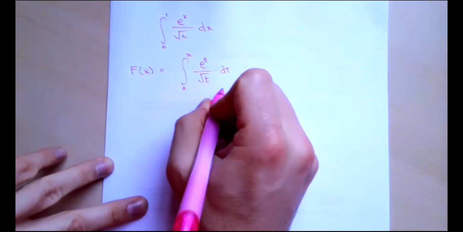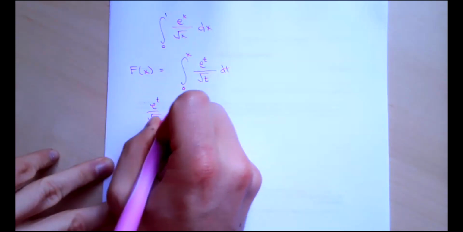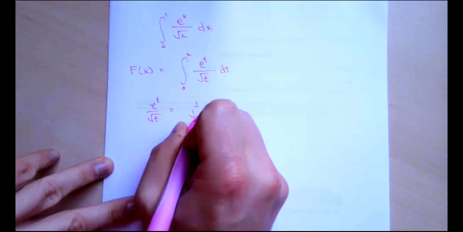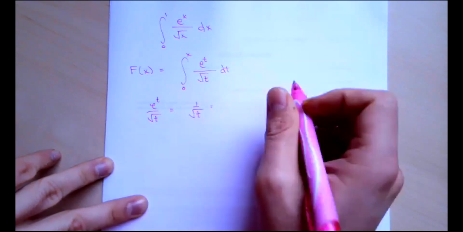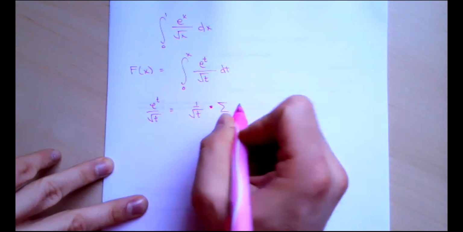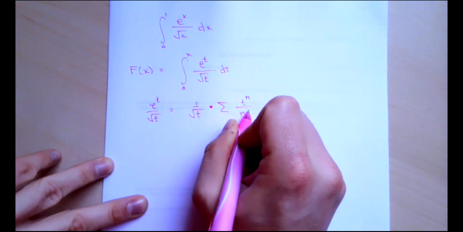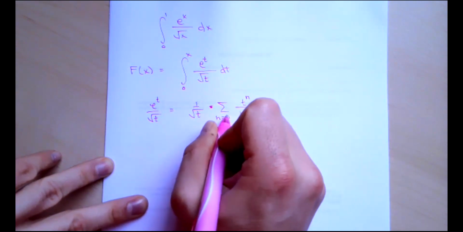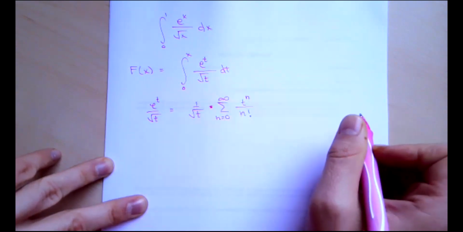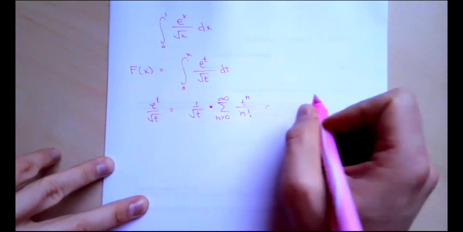Shouldn't change much. But e to the t over square root of t, we want to come up with a series for that, times t to the n over n factorial. And that is t to the minus 1/2.